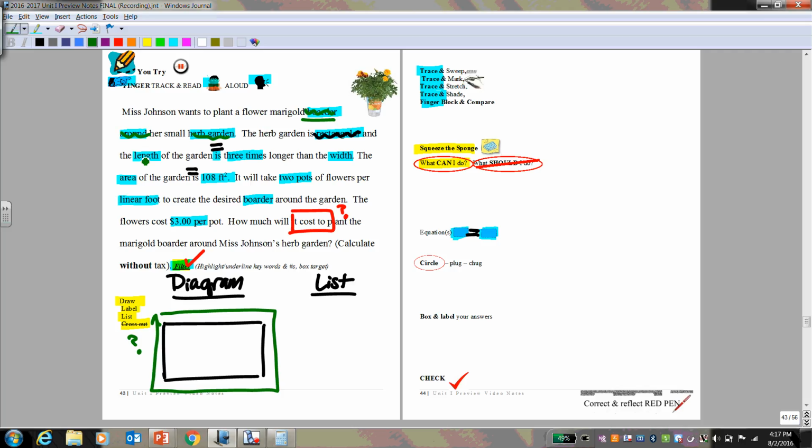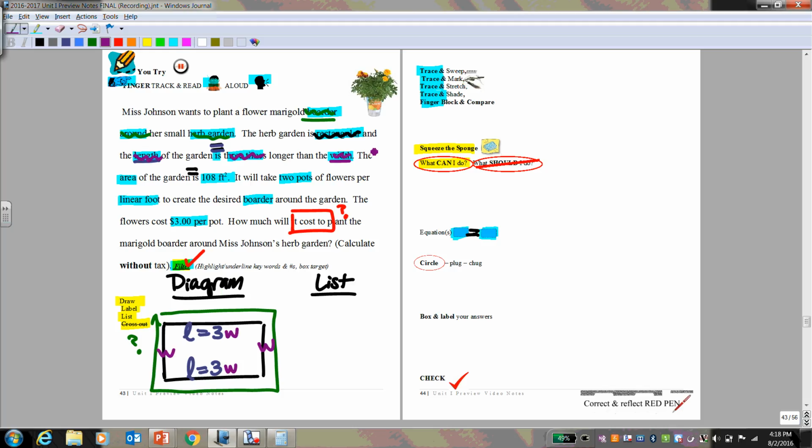The length is 3 times longer than the width. So that's 3 times longer, so I have 3W. So length is 3 times longer than the width. And that's the width, that's the width. I took the word is as an equal sign.